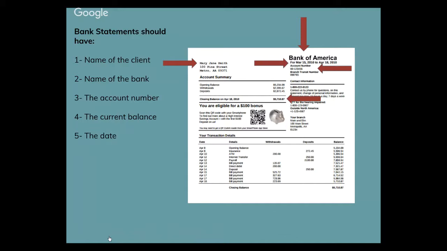With bank statements, a bank statement should have the name of the client on it. And as you can see, this one does right here. It should have the name of the bank. It should have the account number listed. It should have the current balance in that account and also the date of that statement. So we need to know what the date range is with that so that we can make sure that it is current.